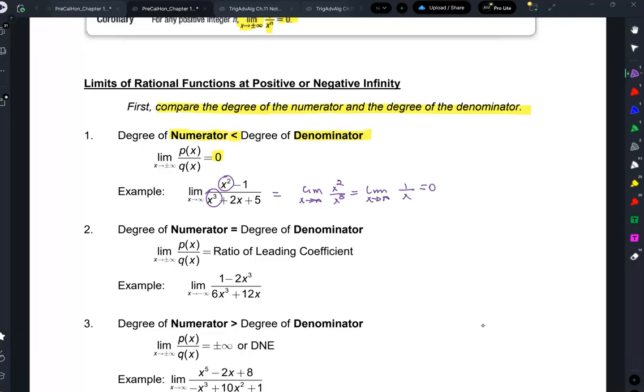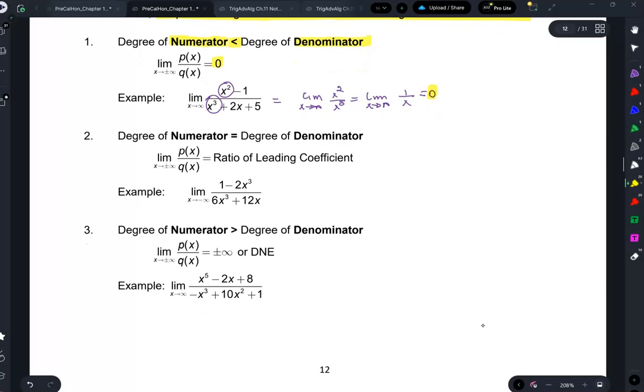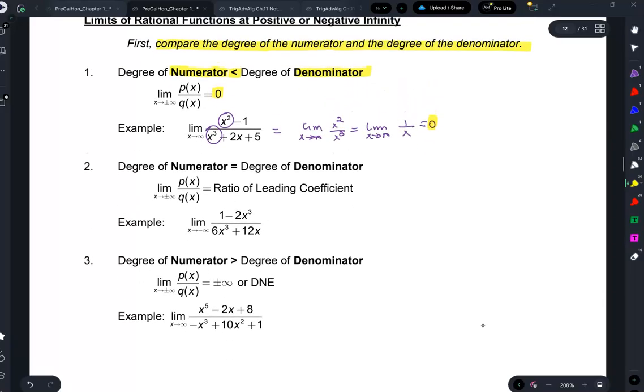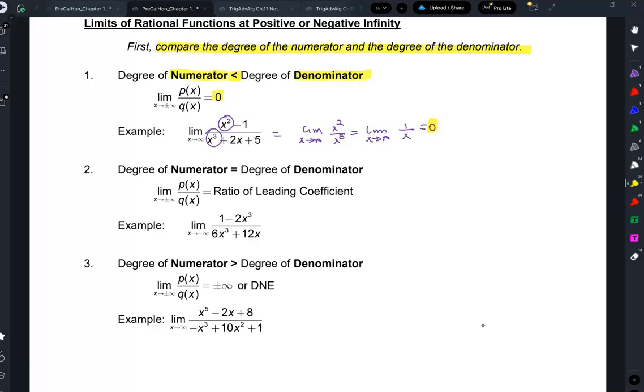Now, all you have to do is just put 0. You don't have to show any work for this one, okay? No work for this one. This is the one where you don't have to show any work. Correct.